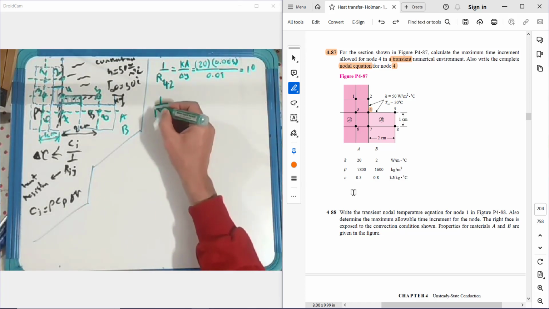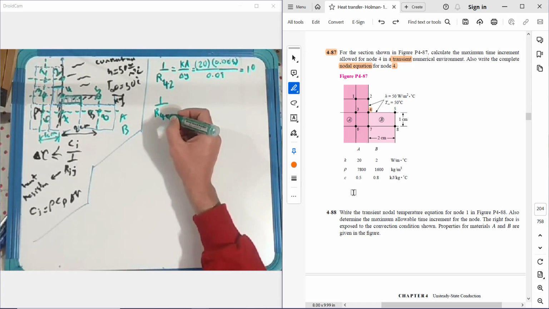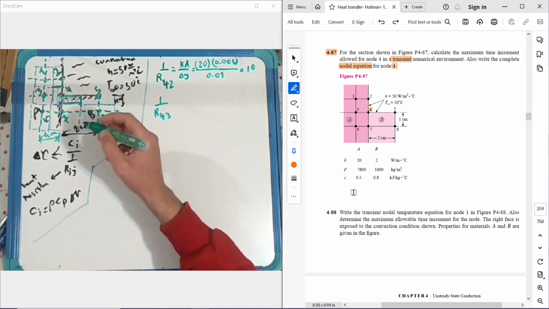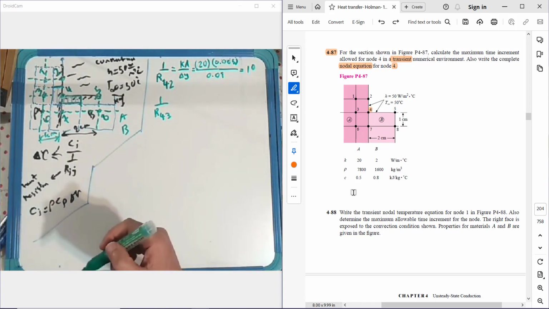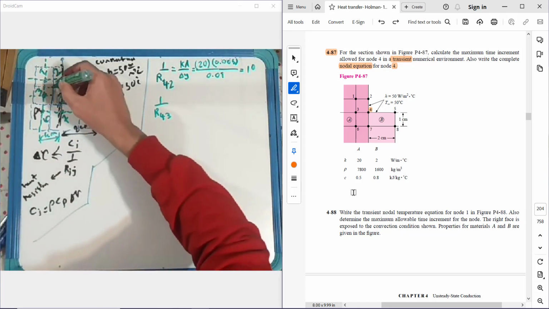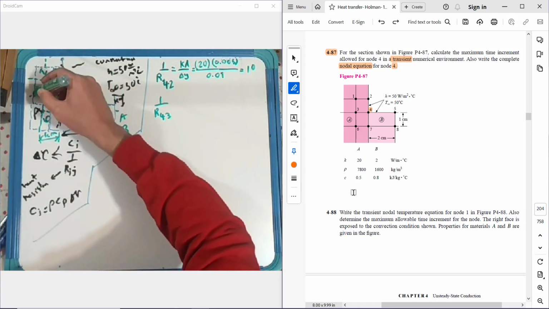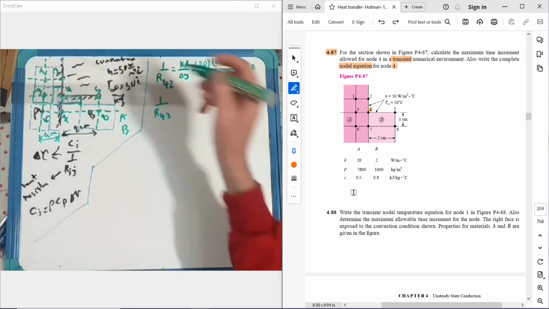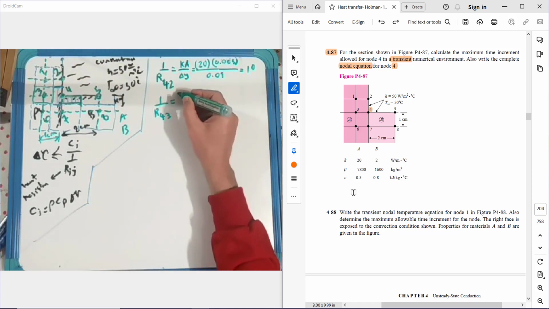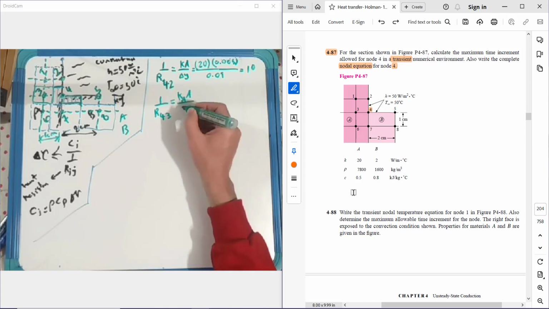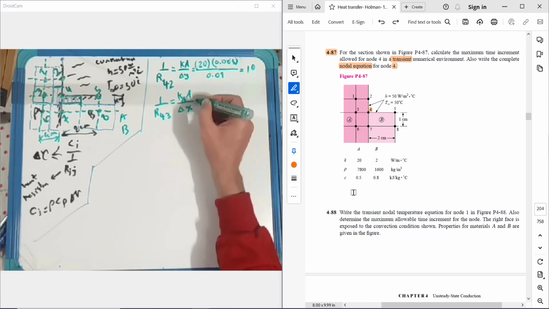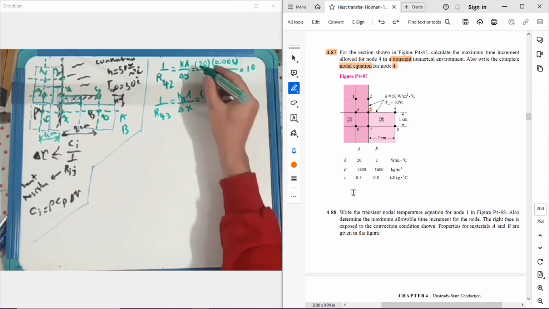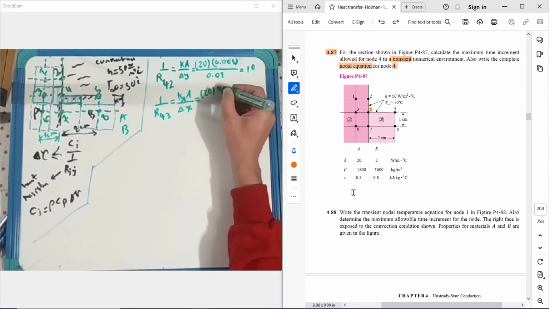Okay, it would be 10. Next one, R from 4 to 3, element 3. Which one is element 3? That one, this one, and this is point 3. From 4 to 3, what do we have? Again, k A over delta X this time. So what is k? Again, 20.